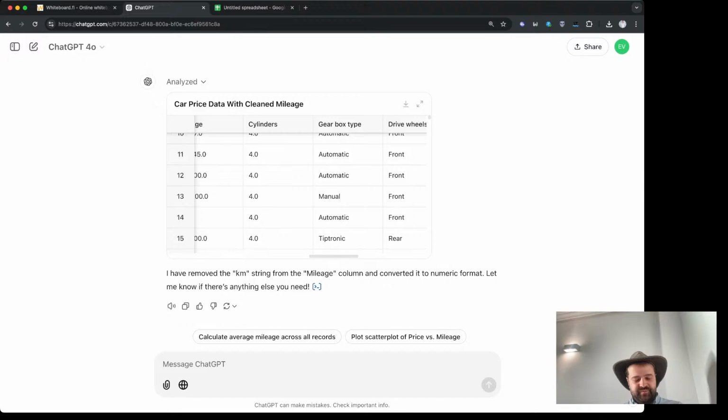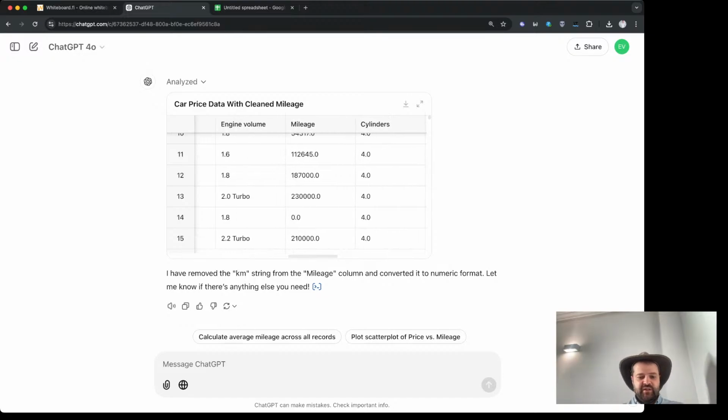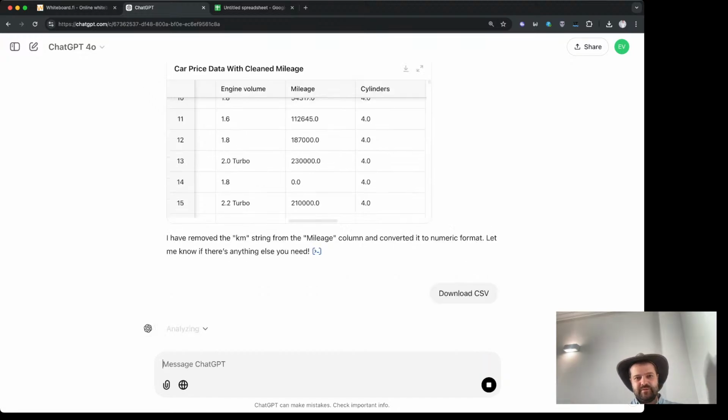So again, what we can do here is drop, and by the way, download your dataset often, because all of this can just break easily. Download CSV. Okay, great.